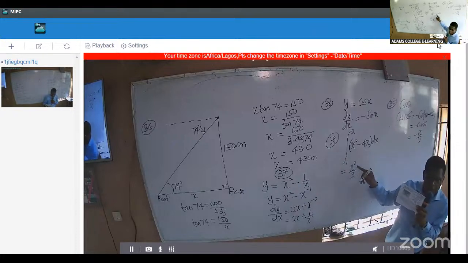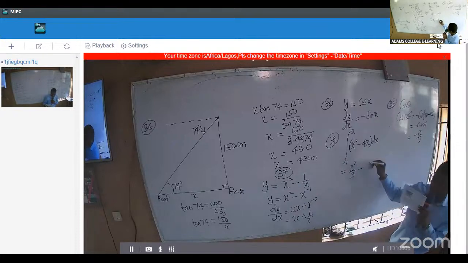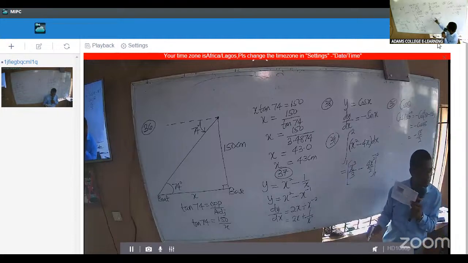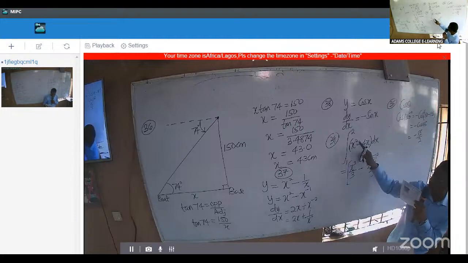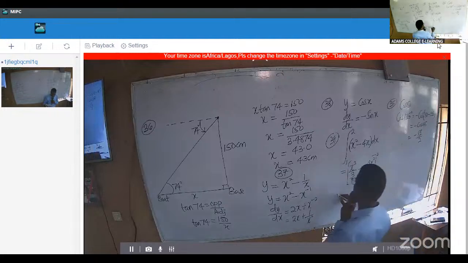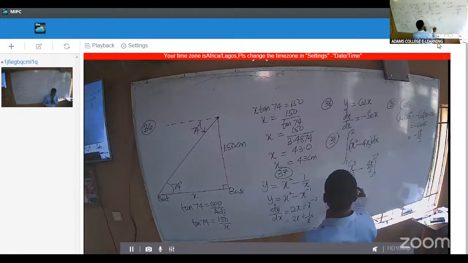If I integrate 4s, what will I get? 4s squared over 2. What's the upper limit? 2. Lower limit 1. So that will give us s cubed over 3, and 2 in 4 is 2, Abby, so it's 2s squared. What's your upper and lower?